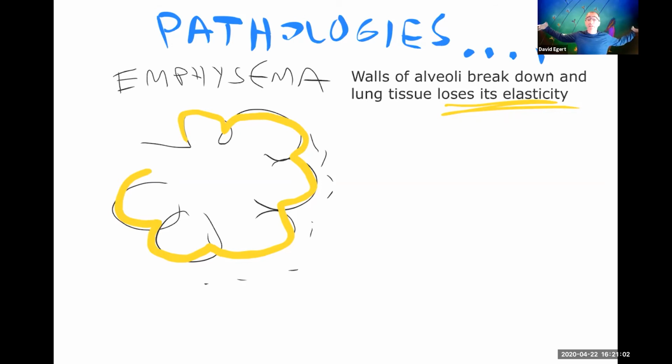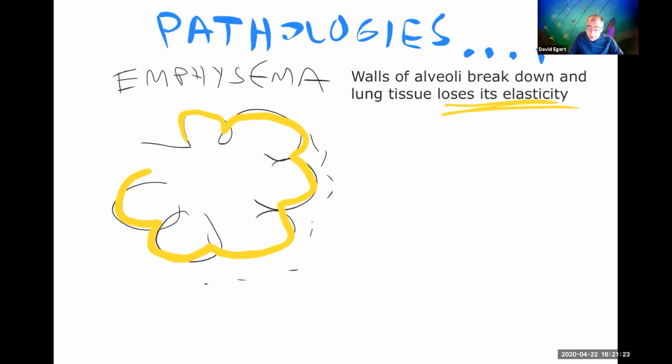But when you have emphysema, the lungs don't naturally collapse down the way they normally would. So often people with emphysema have to be more active in their exhalation. They have to work to exhale as well as to inhale.